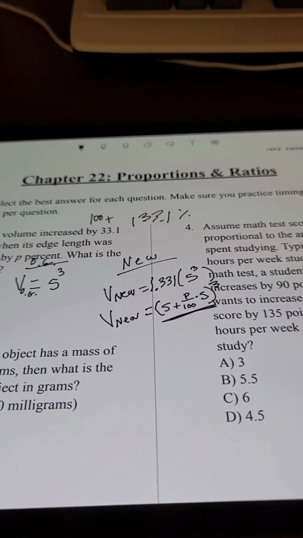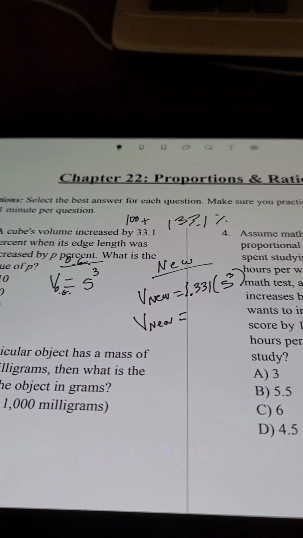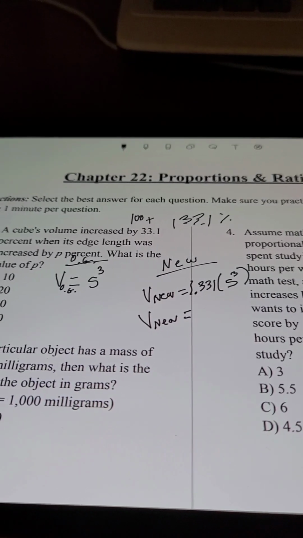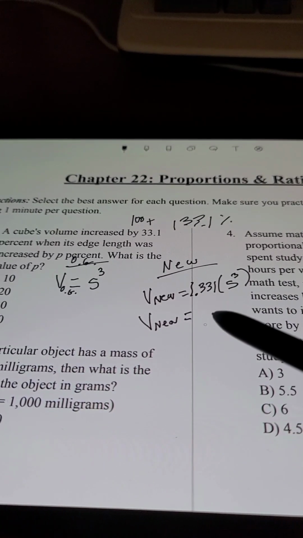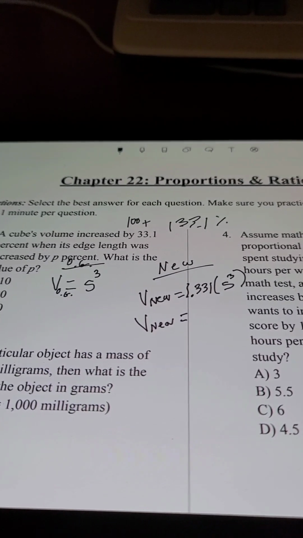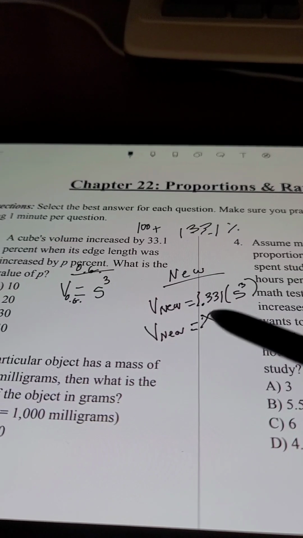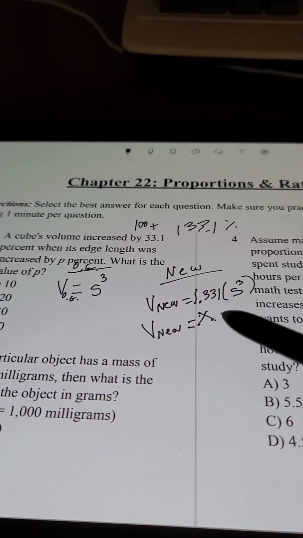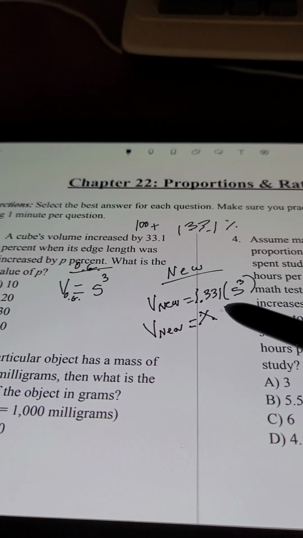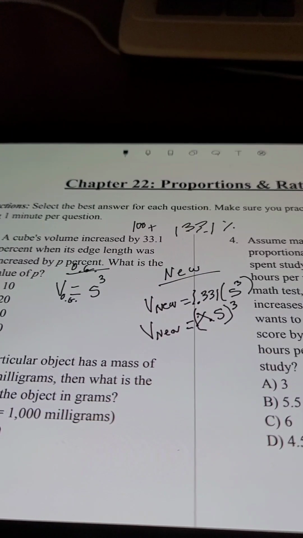So let's do that. I'll just name it x. x is the amount that I'm multiplying the original side length by, because it's going to increase by that amount. So I have some factor x that the original side length s is being multiplied by to give me my new side length, and then that's going to be all cubed.